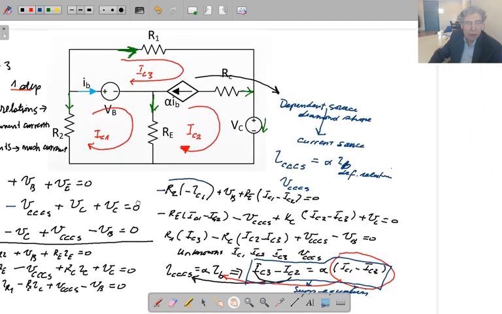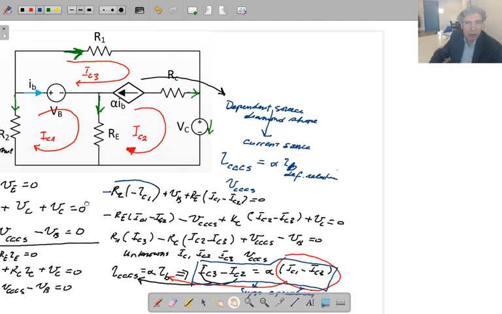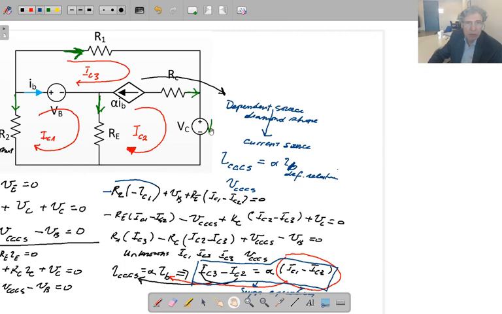Let me take this a bit this way, okay, and write this here. Now I'm going to write these 4 equations directly by looking at this circuit. So I'm writing Kirchhoff voltage law equation.